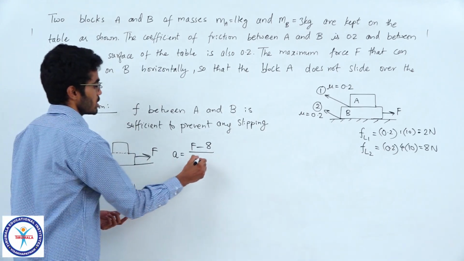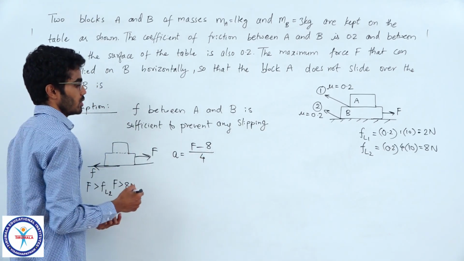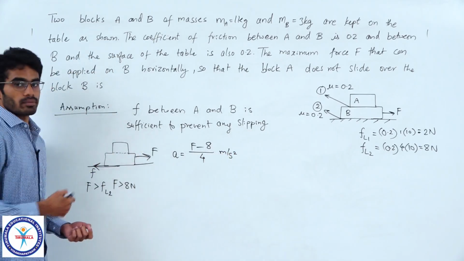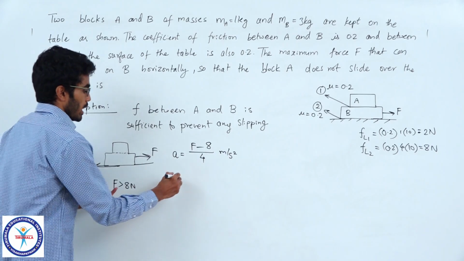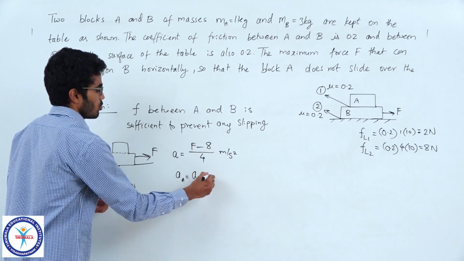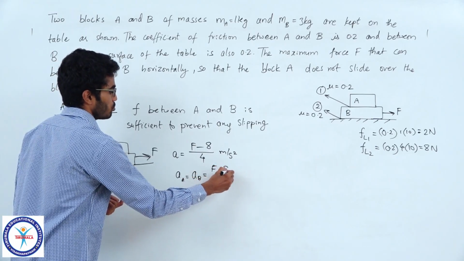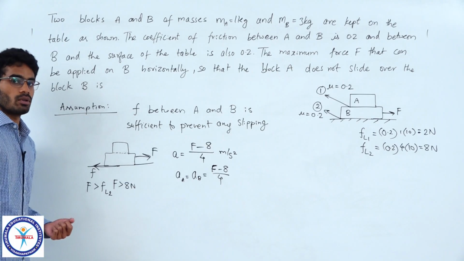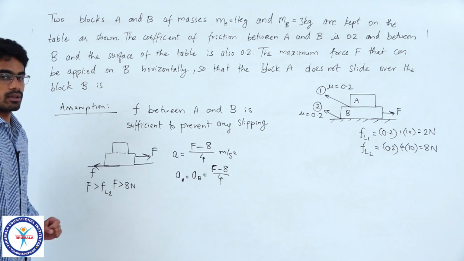So, the total mass is 1 plus 3, 4. So, this would be the acceleration of the system. That means, acceleration of A will be equal to acceleration of B, and they are equal to (F minus 8) by 4. Both blocks have the same acceleration.